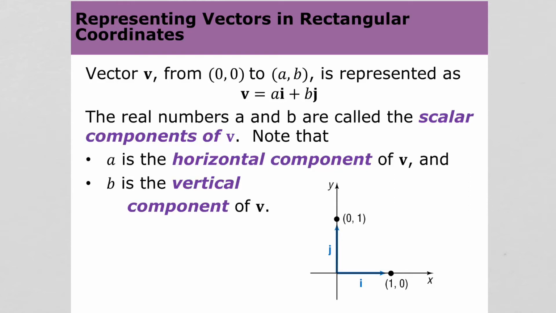So here's the slide I was talking about. Representing vectors in rectangular coordinates, we say ai plus bj. So going from the initial point of 0 to the terminal point of (a, b), it would be written ai plus bj.